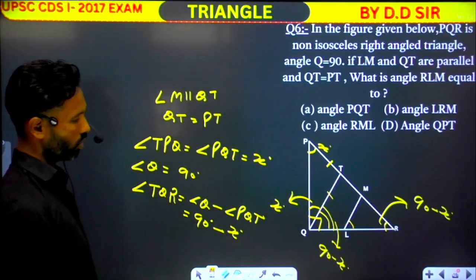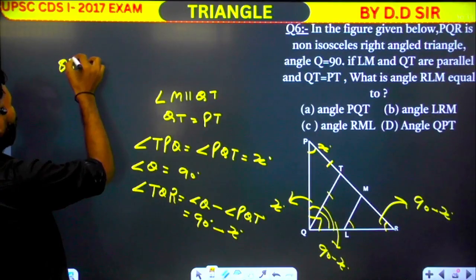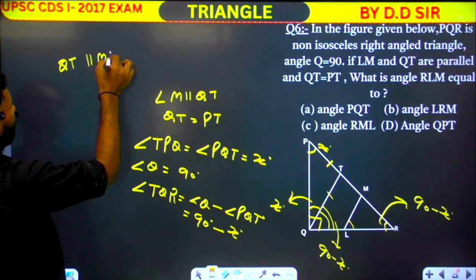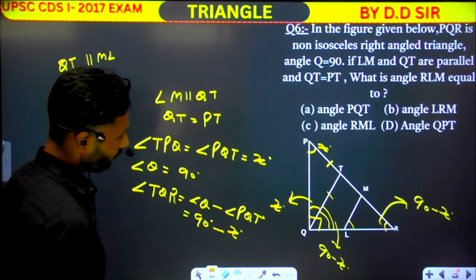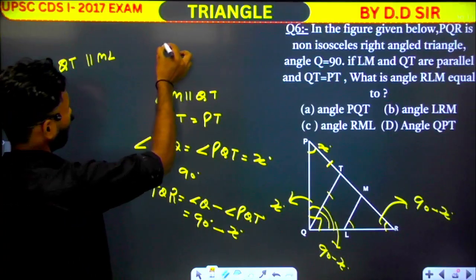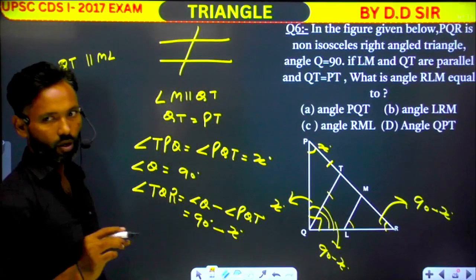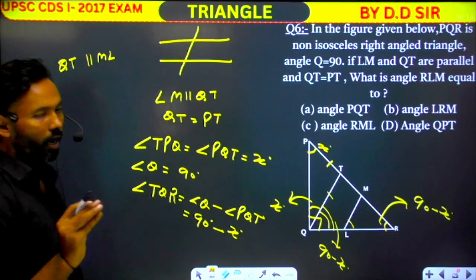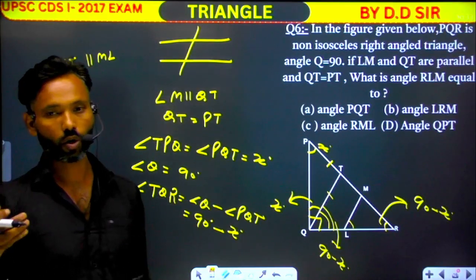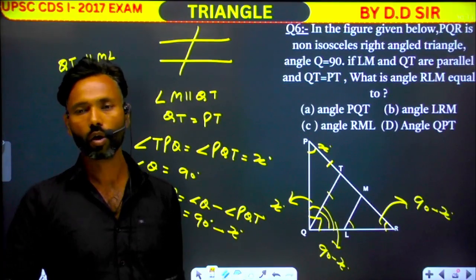Understand? Very easy. And in the question it is mentioned that line QT is parallel to line LM or ML. When these two lines are parallel, there is a property related to parallel lines. Suppose these are two parallel lines and this is a transversal line, and you have heard about corresponding angles. You already know that the corresponding angles on parallel lines will always be equal to one another.